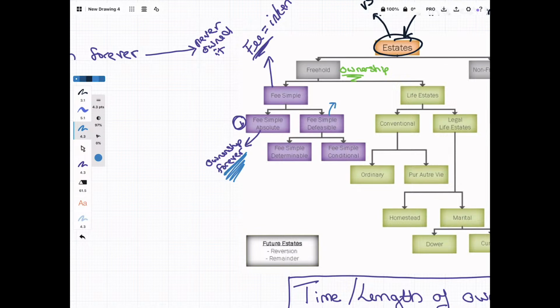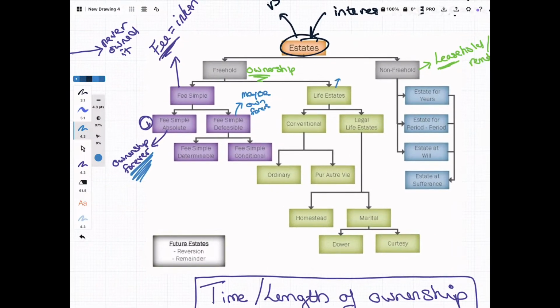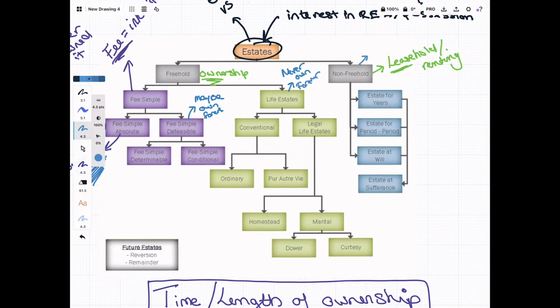This next step here is maybe you own it forever. Your life estates were never own it forever. Oops. Give me my color back. There we go. Forever. All the way here to you never owned it.